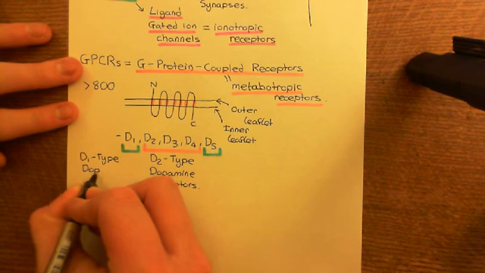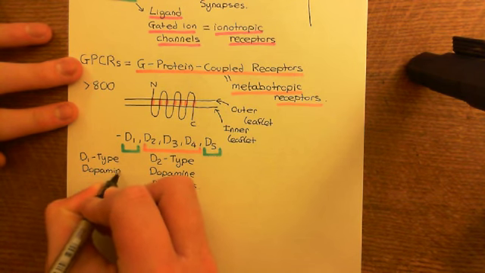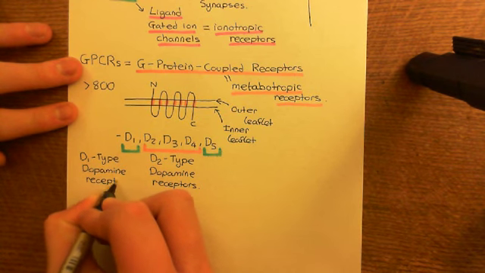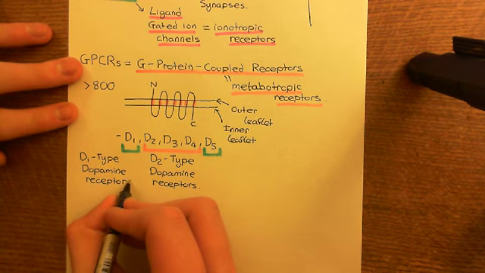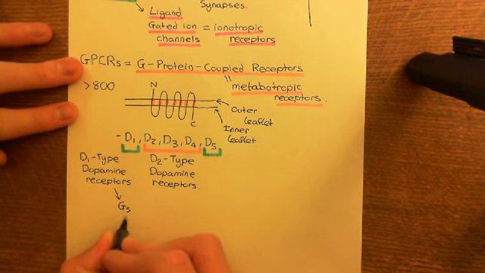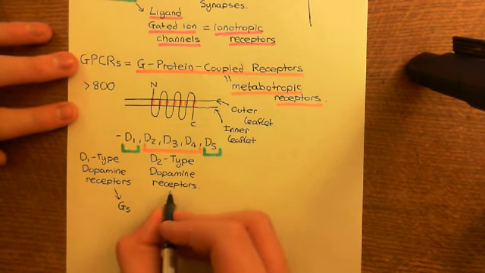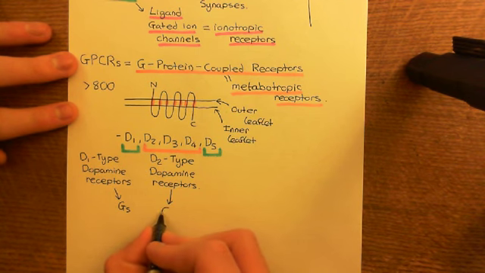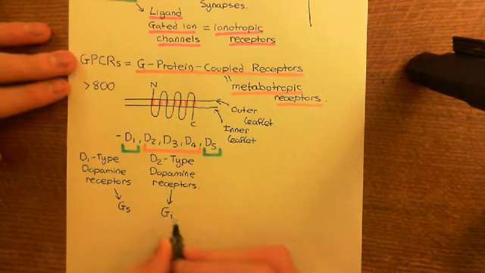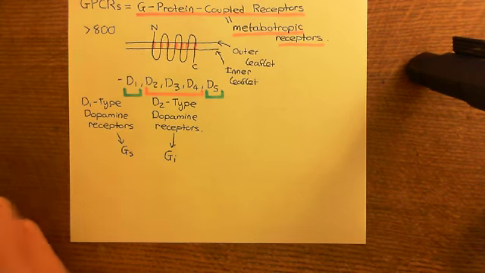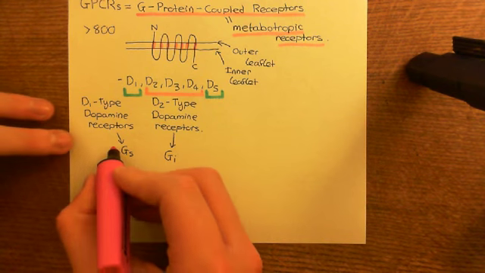The way these two clusters of dopamine receptors differ is in the downstream pathways that they activate. D1 type dopamine receptors activate the Gs heterotrimeric G proteins and hence stimulate adenylyl cyclases. The D2 type dopamine receptors activate the Gi heterotrimeric G proteins and hence inhibit adenylyl cyclases.